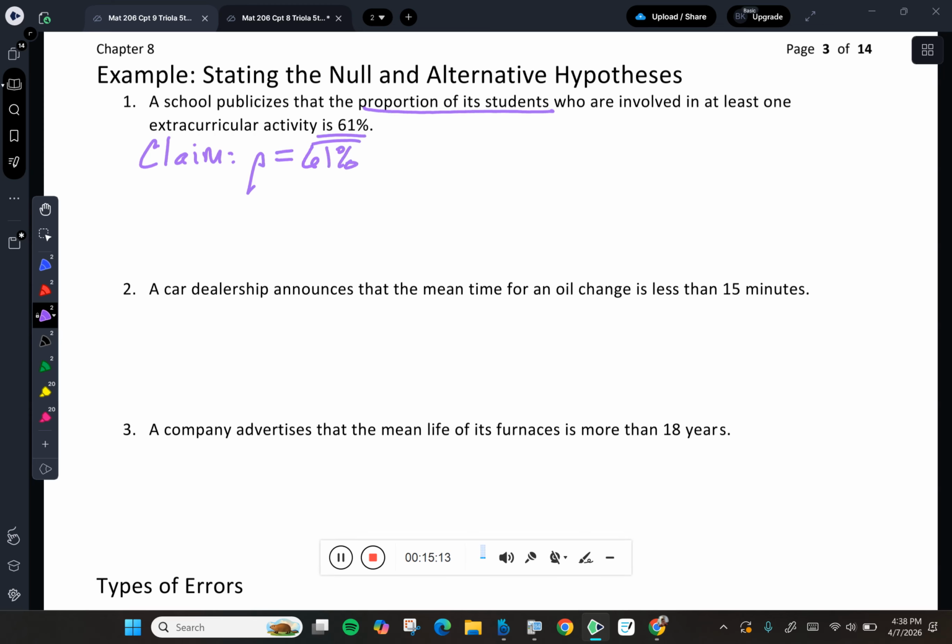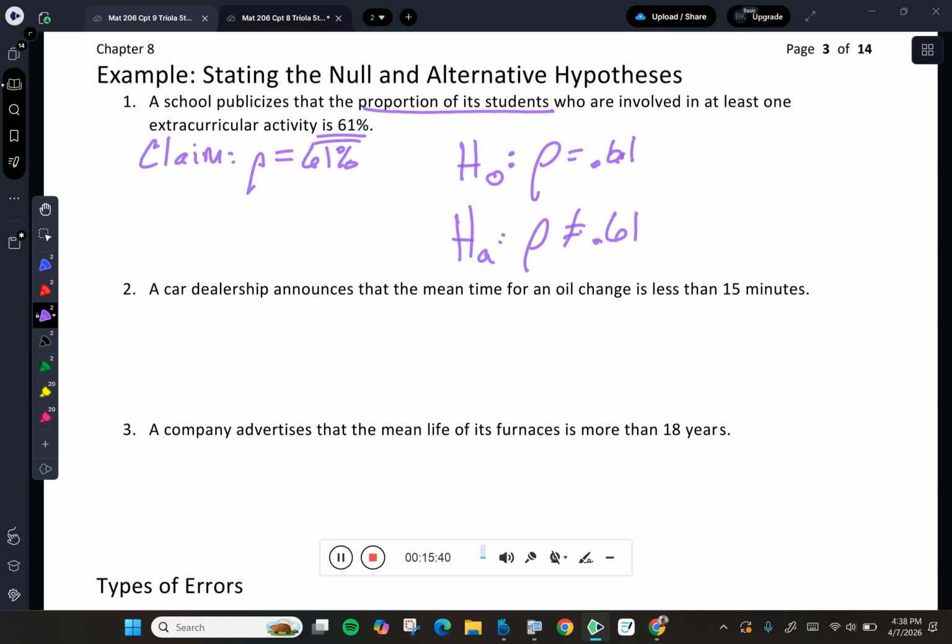So since the claim contains equality, the claim is going to be our null hypothesis. So our null hypothesis is that rho equals 0.61. Our alternative hypothesis then is that rho is not equal to 0.61.